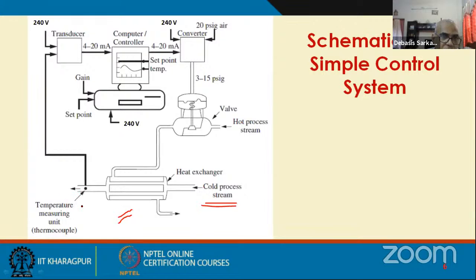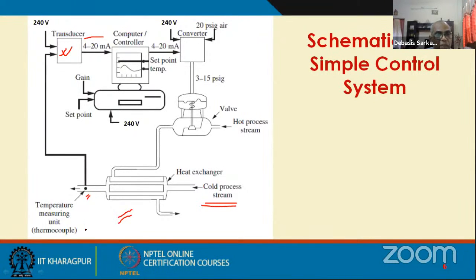So first, we want to measure the temperature of the cold process stream, the control variable. So we measure using a thermocouple. So the thermocouple output goes to a transducer, which gives me an output in the range of 4 to 20 milliampere current.